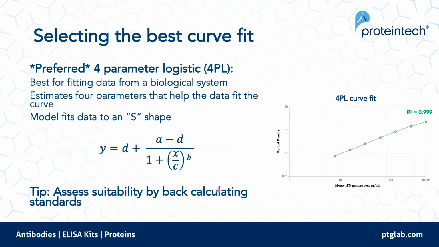And one point of note is that if you're not sure which curve fit to go for, then it's really recommended that you back calculate your standards. So what we do here is you fit the standards, plot the standard curve, and then you would back calculate. You would treat the standard values as unknown, and you would interpolate their OD values to the standard curve that you just generated.